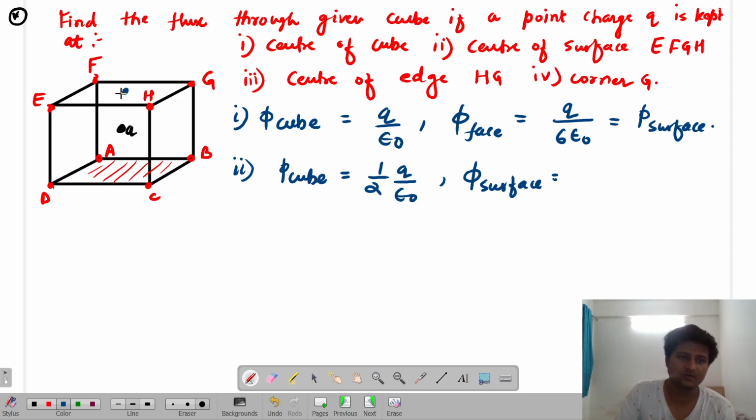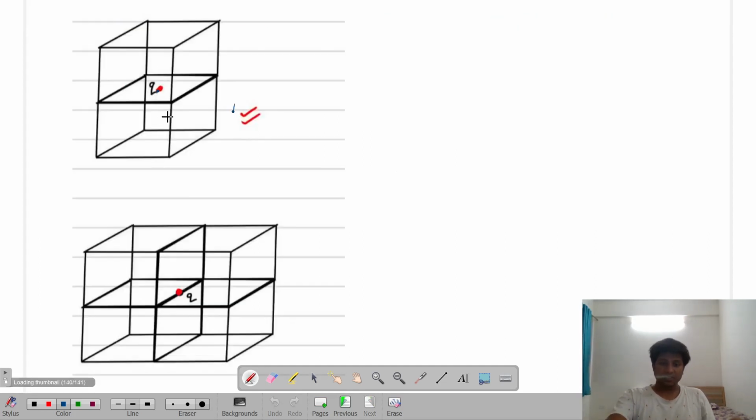If I place the charge over here on one of the faces, then what is the flux through any of the other surfaces? So the point here is, remember that you have to say, sir, here the case is not symmetrical. For every surface, the flux is going to be totally different. Are you able to get me or not?